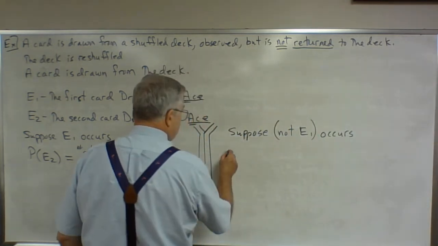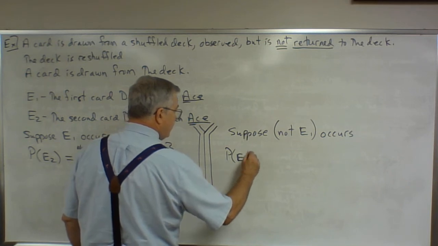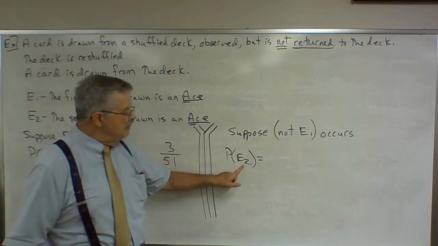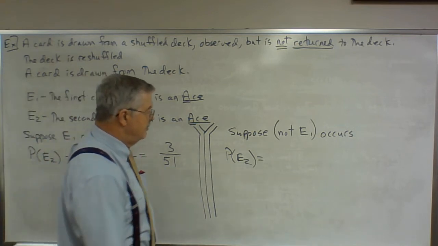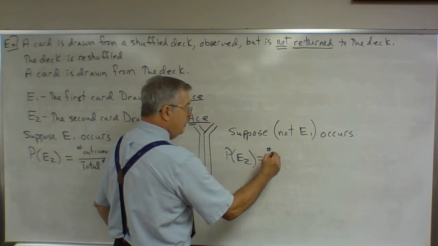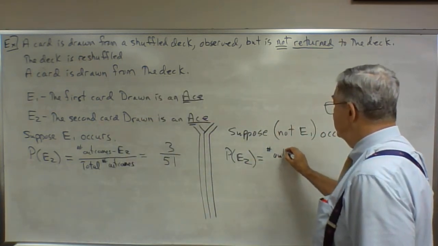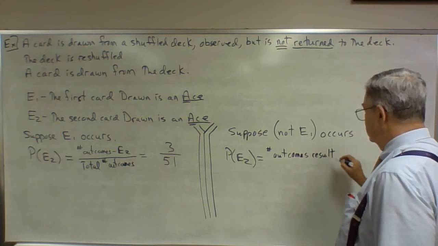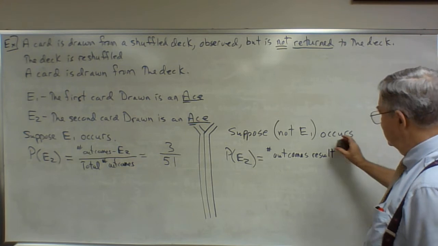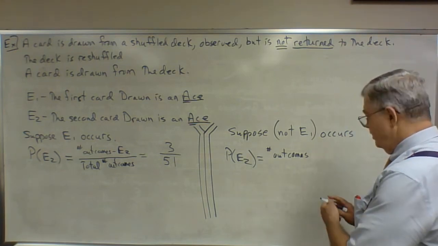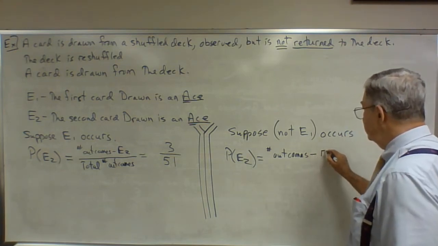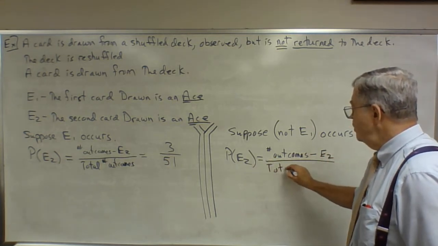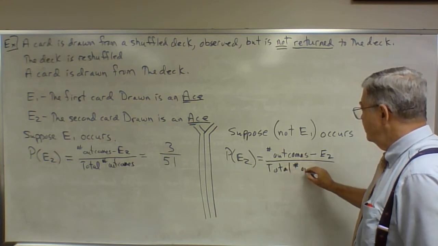What's that going to do to the probability of getting an ace on the second draw? E2 is the event that we get an ace on the second draw. The probability is going to be the number of outcomes resulting in E2 over the total number of outcomes.